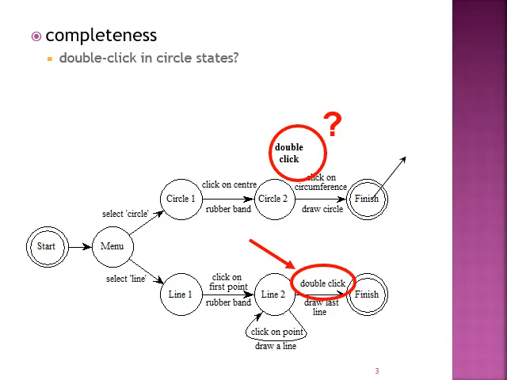User can click either on select circle or select line. Here, what happens if user clicks on the drawing surface whilst at the main menu, or tries to select something from the main menu whilst in the middle of drawing a circle, say in state circle 2?